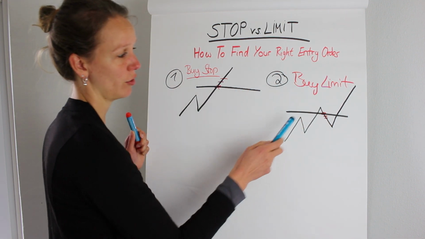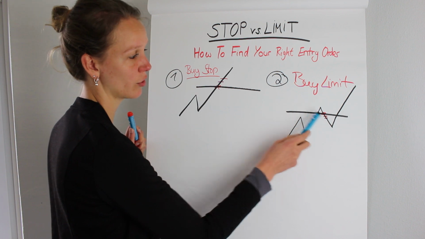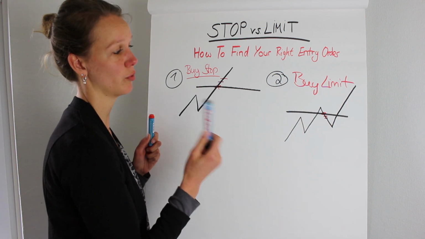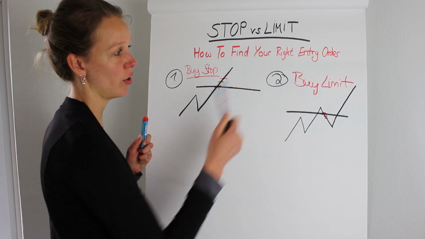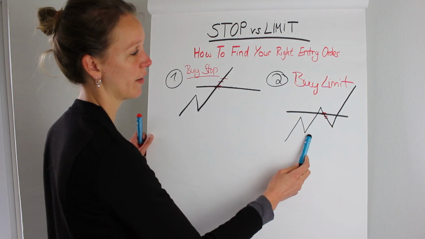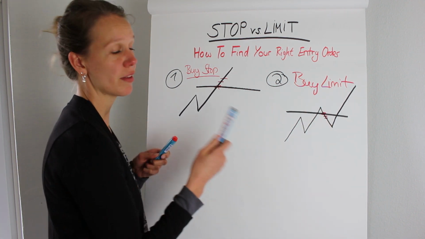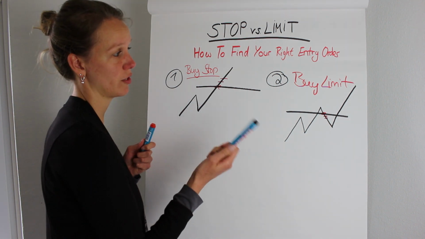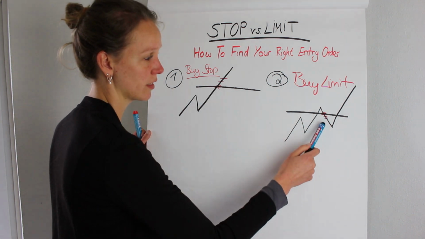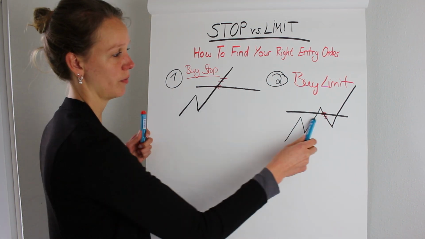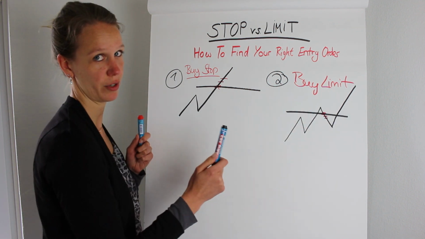With the buy limit, of course, the market has to go back through or you won't get into the order. So if there's a high volume and a big momentum up, there can be a case where you don't enter the market because the market doesn't get down again to your entry point.